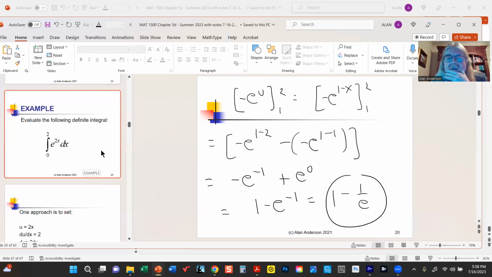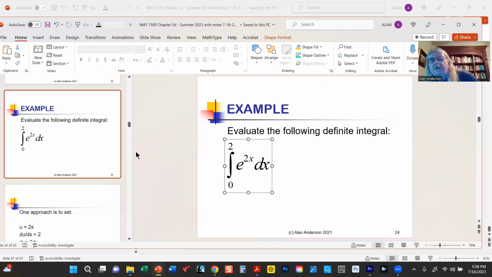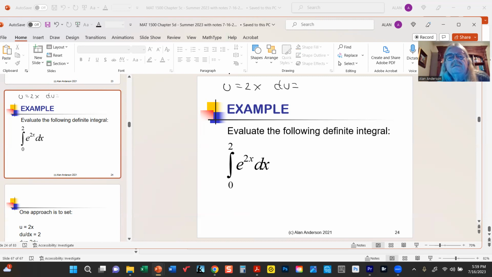So here we have another one. Let's try this definite integral, the integral of e to the 2x integrated between 0 and 2. So let's try u equals 2x. So that du is 2 dx.